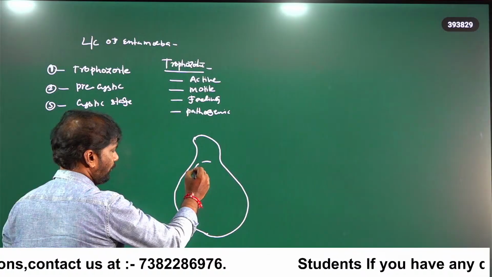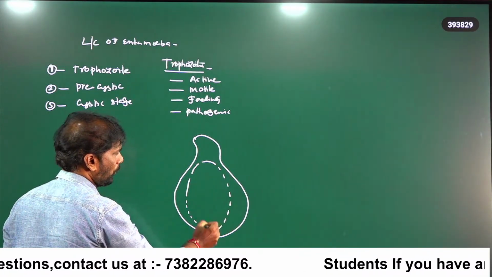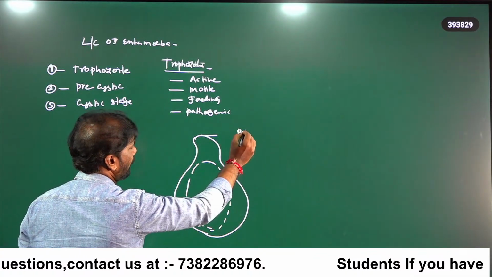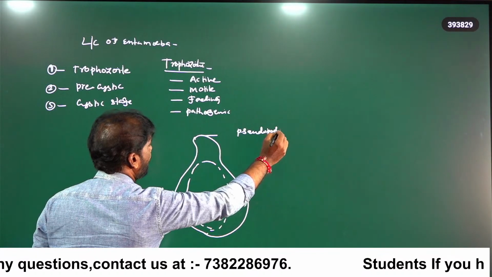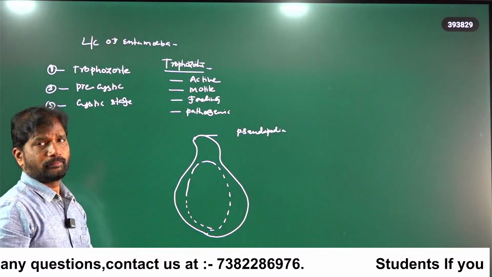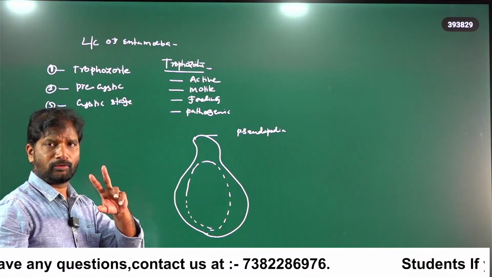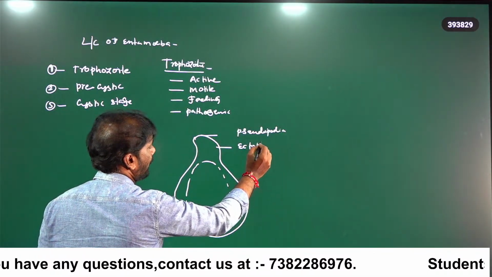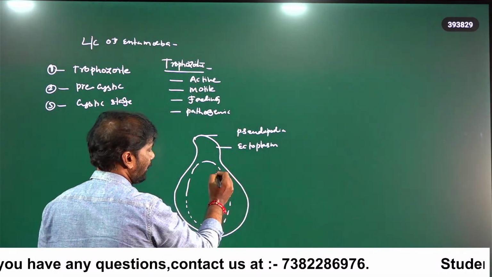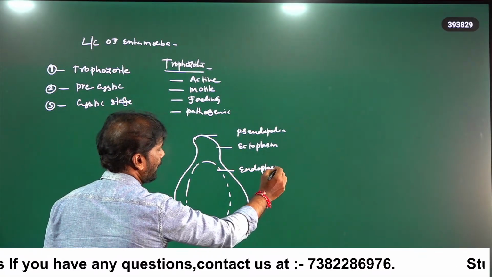The trophozoite includes a single pseudopodium, and the cytoplasm is of two types: ectoplasm and endoplasm.